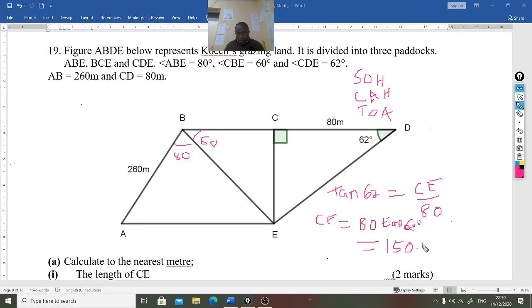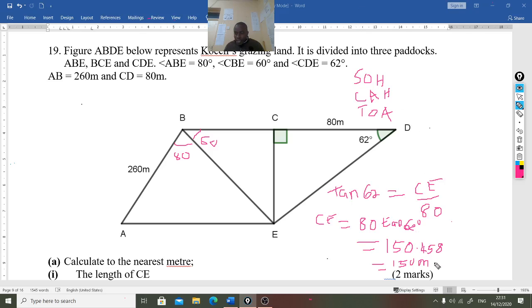150.458 meters. But remember, we are dealing with the nearest meter, so you round it, and it is 150. You just write equals 150 meters.